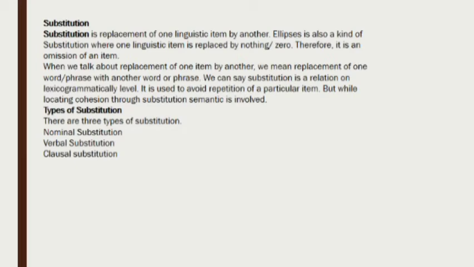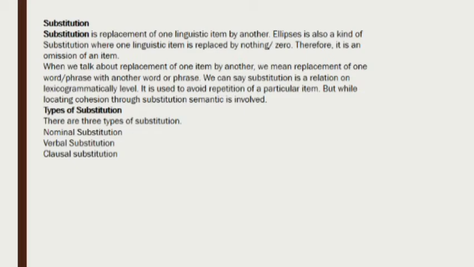The next topic is substitution. Substitution is the replacement of one linguistic item by another. Ellipsis is also a kind of substitution, where one linguistic item is replaced by nothing, or zero. Therefore, it is an omission of an item.